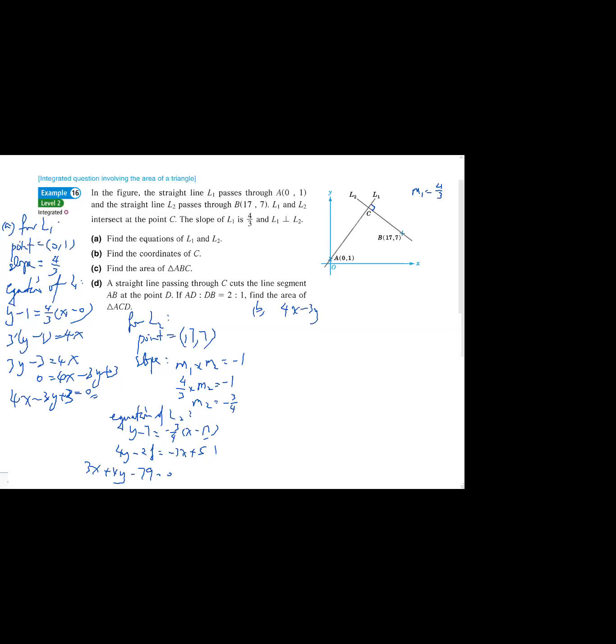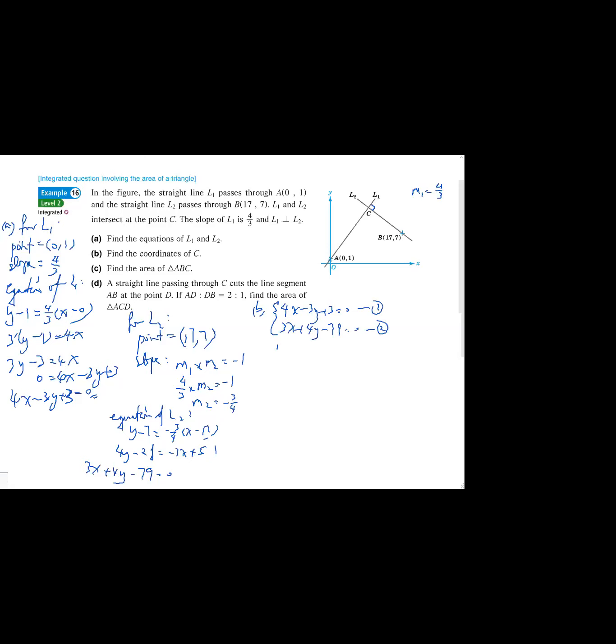4x minus 3y plus 3 is equal to 0. Call this equation 1. And then 3x plus 4y minus 79 is equal to 0. Call this equation 2. And then solve these simultaneous equations. We are going to use the method of elimination.